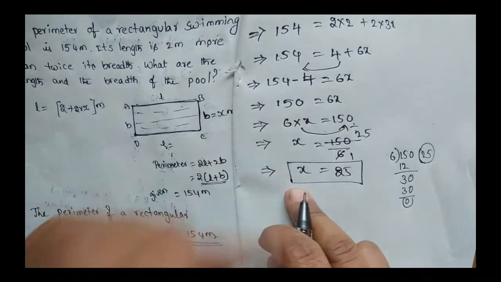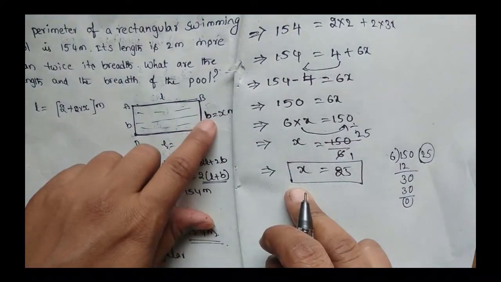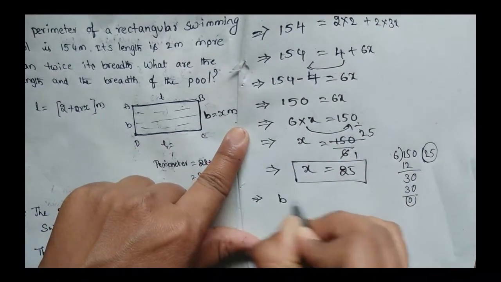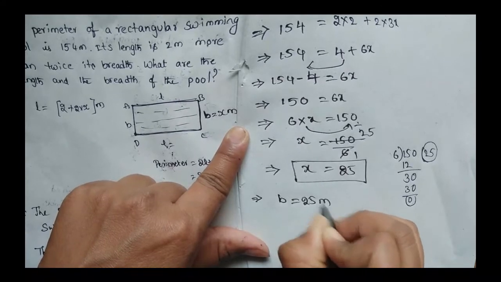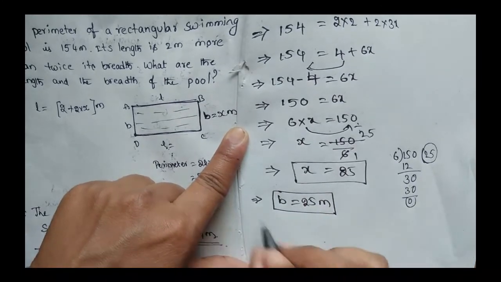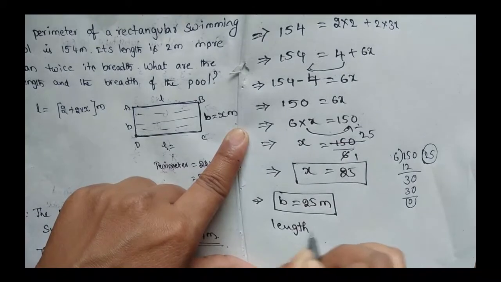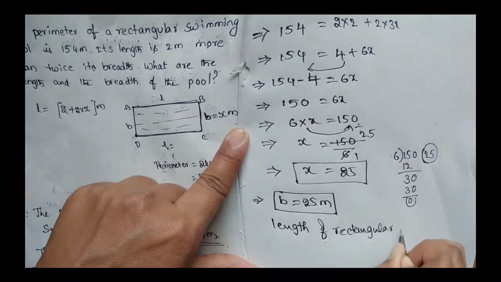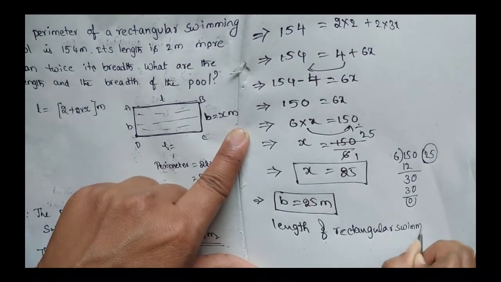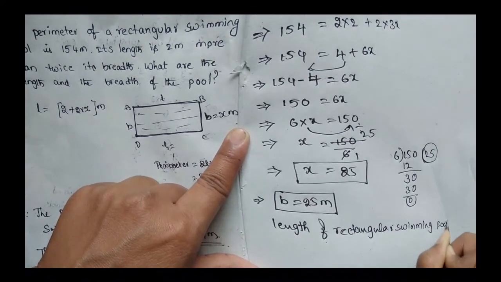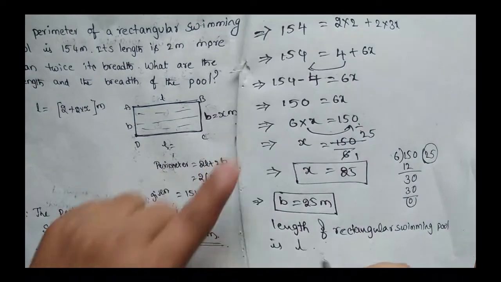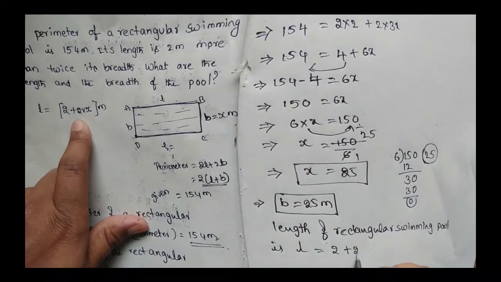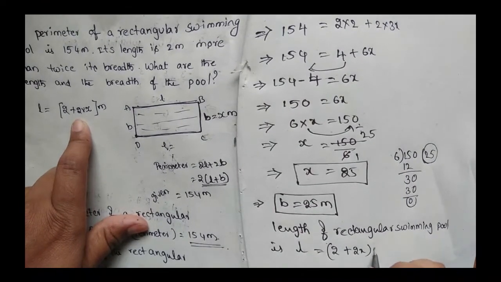But x is not what the question asked; the question was breadth. Here we assumed breadth as x meters. So B equal to 25 meters here. And then the length of the rectangular swimming pool is L equal to 2 plus 2x in meters.